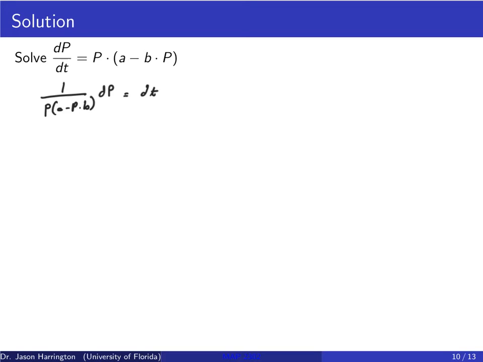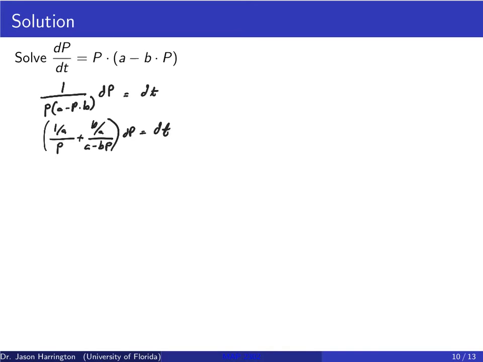All right, so now I've got to do some partial fraction decomposition here. So I have 1 over a divided by p plus b over a divided by a minus b of p, and this whole thing is times dp, and that's equal to dt.